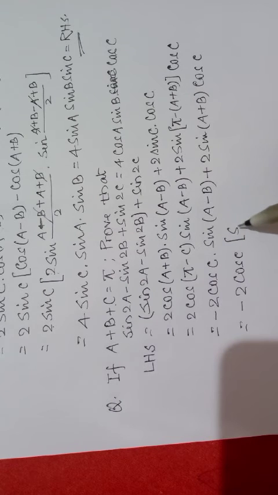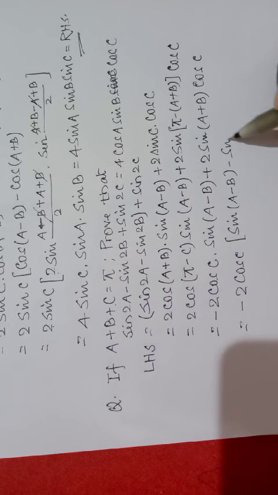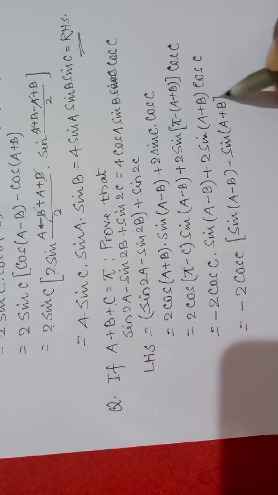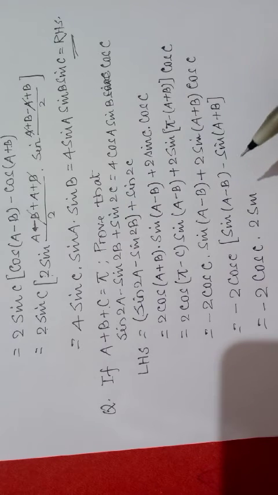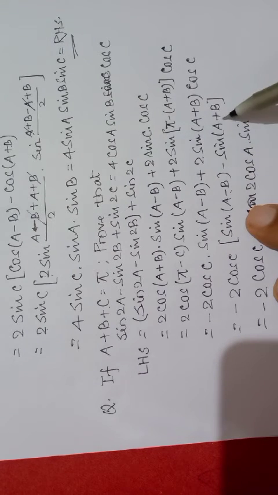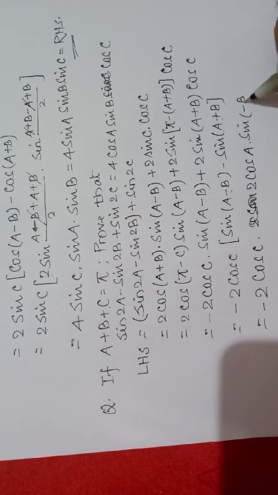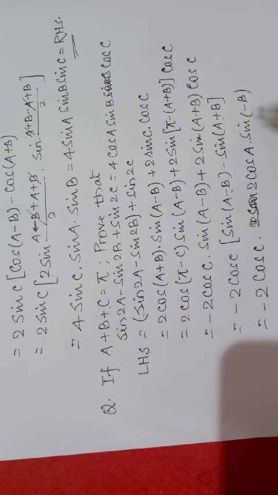So we write sine A minus B minus sine A plus B. Sine C minus sine D means it should be 2 cos C into 2 cos (A plus B by 2), meaning 2 cos A, into sine (A minus B by 2), meaning minus B. So sine minus theta is minus sine theta.